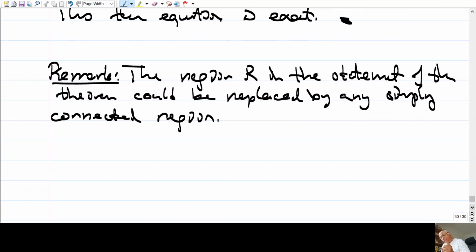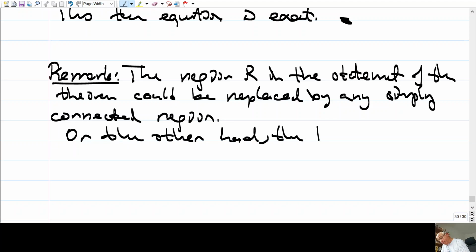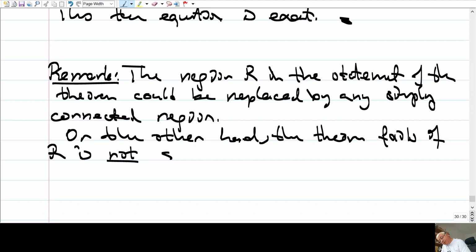However, if it is not simply connected, then the theorem fails. On the other hand, the theorem fails if R is not simply connected.